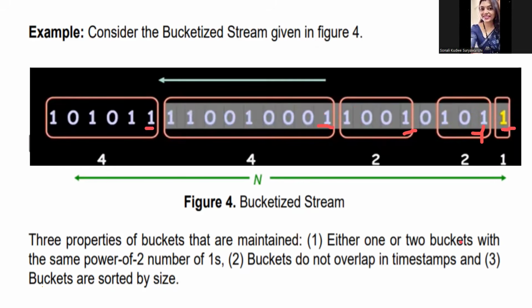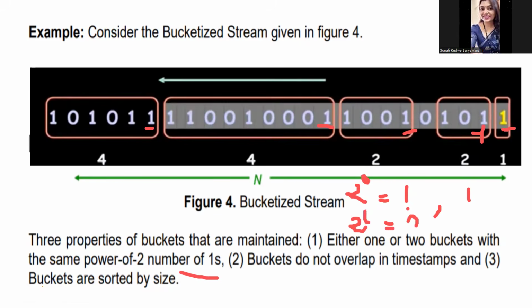Next rule: you can have minimum 1, maximum 2 buckets of the same size. For example, 2 to the power 0 means 1, so you may have a single bucket of size 1 or 2 buckets of size 1. Once I have 2 buckets, the next value is 2 to the power 1, which is 2.